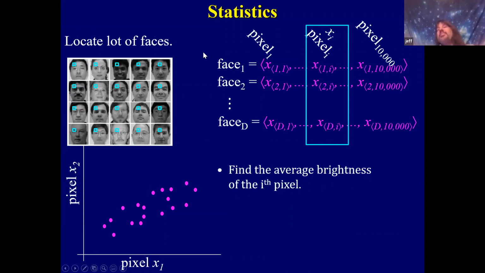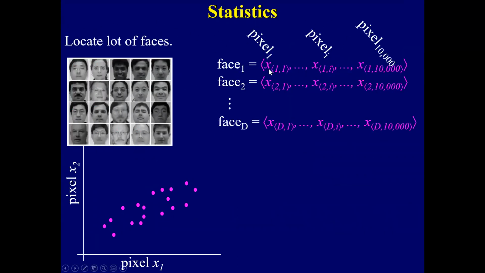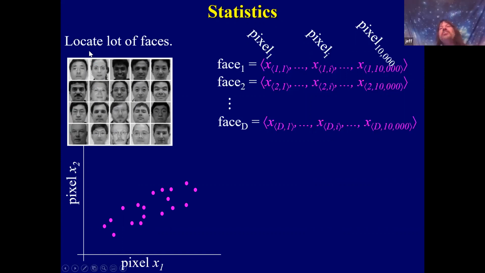So the image has a dimension here and a dimension there, and we're going to completely ignore that. We're going to just think of each image as being a vector of 10,000 numbers.